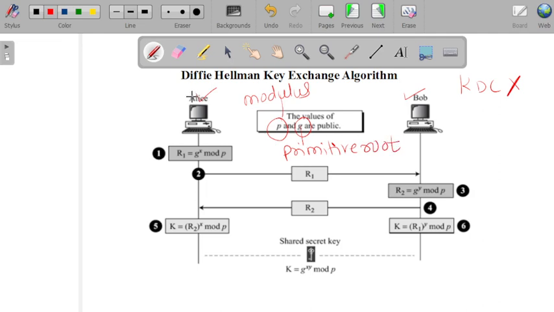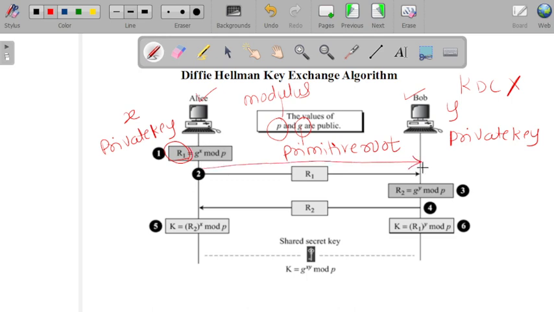On the Alice side, they have to choose one number, X, which is the private key of Alice. And on the Bob side, they also choose the value of Y, the private key of Bob. Now Alice has the value of X, the value of P and the value of G. Based on those three values, they calculate the value of R1. R1 is G raised to X mod P. Once Alice calculates R1, this value is sent to Bob.